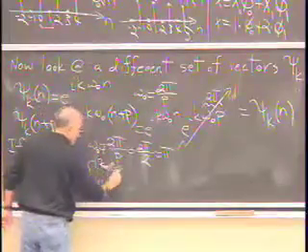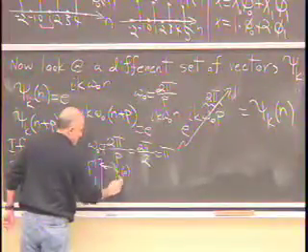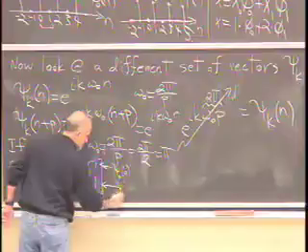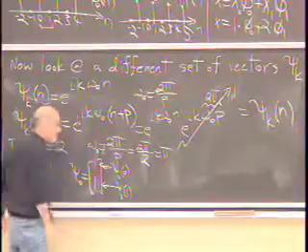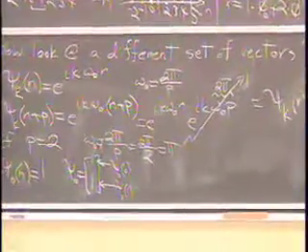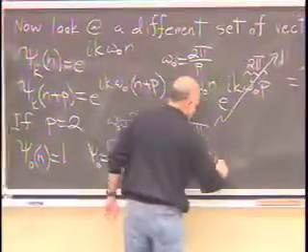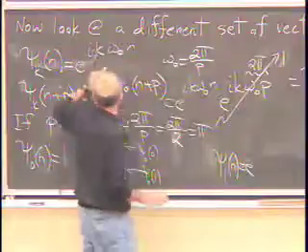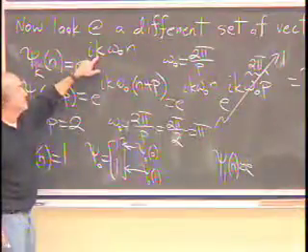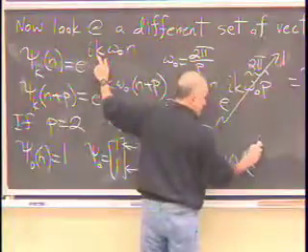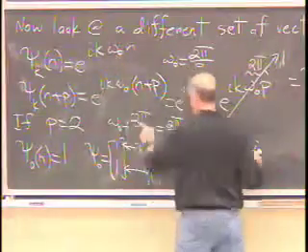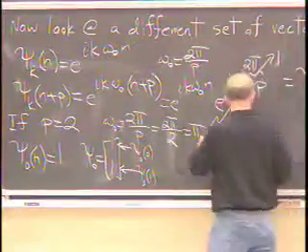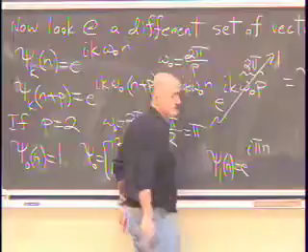This is c_0,0, and this is c_0,1. The other vector I need is c_1. So I plug in k equals 1. I have e to the i times 1, omega naught is pi, times n.